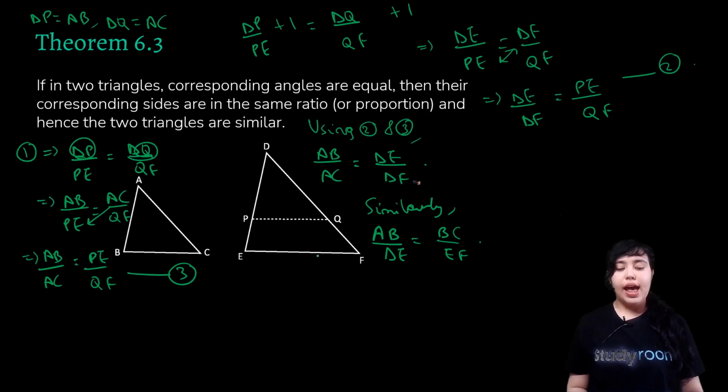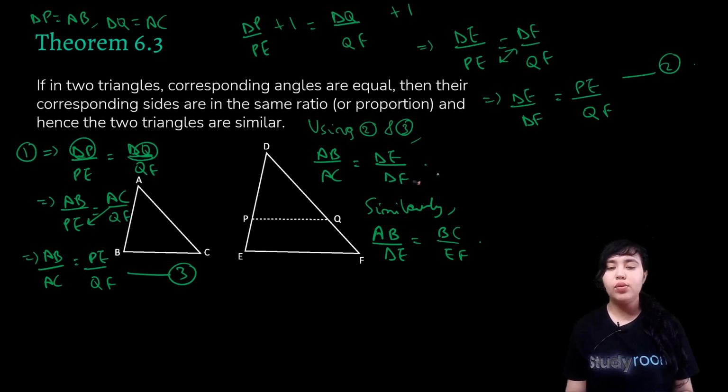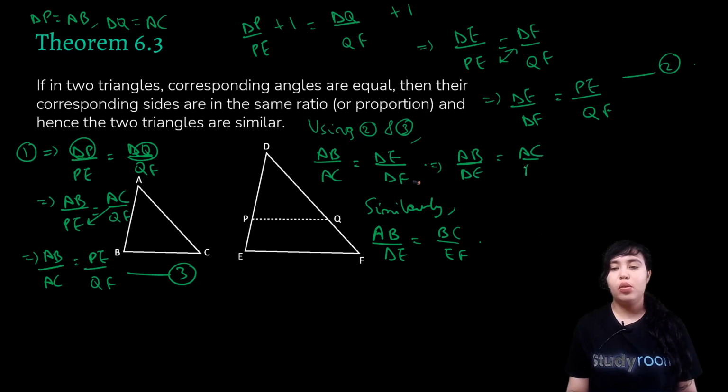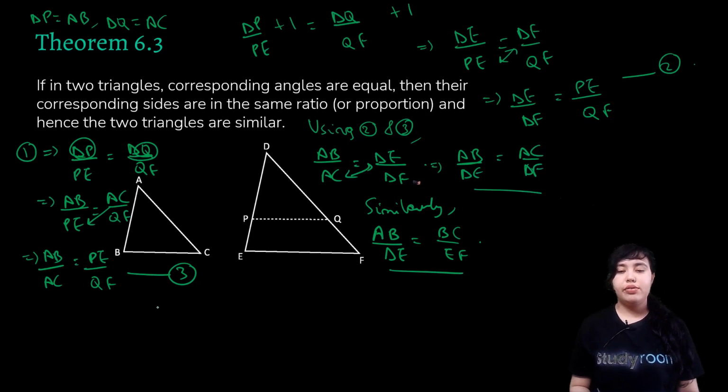And here actually you can write this also in the same form. AB upon DE is equal to AC upon DF. Just exchange these. So basically we see that AB upon DE is equal to AC upon DF is equal to BC upon EF. Look carefully, AB upon DE, AC upon DF.